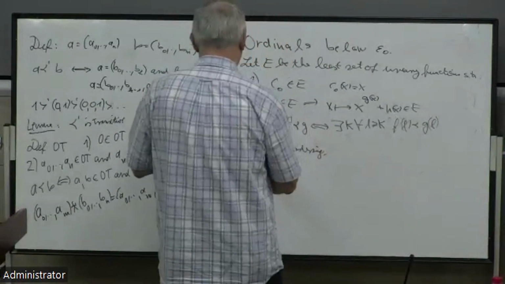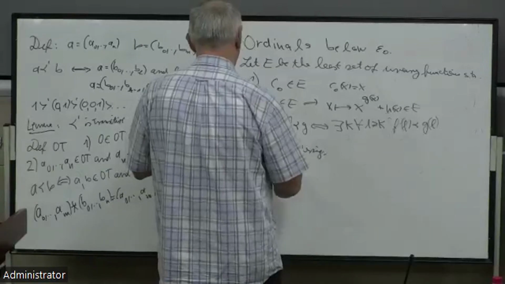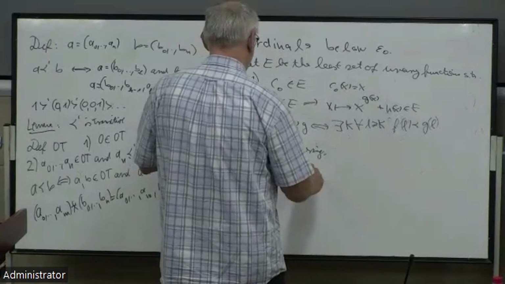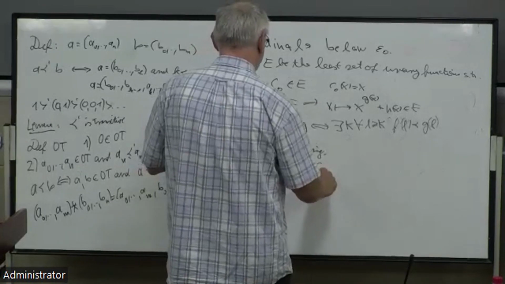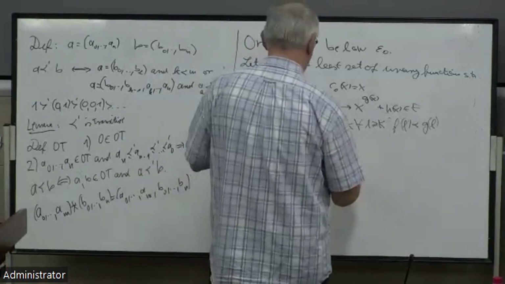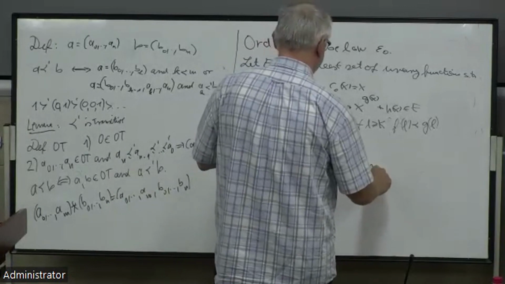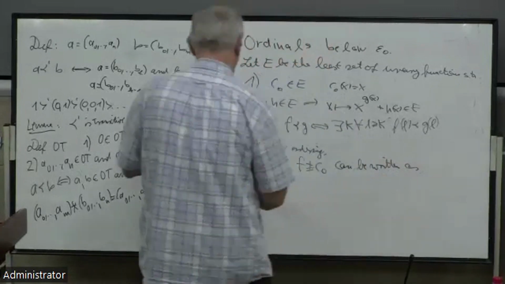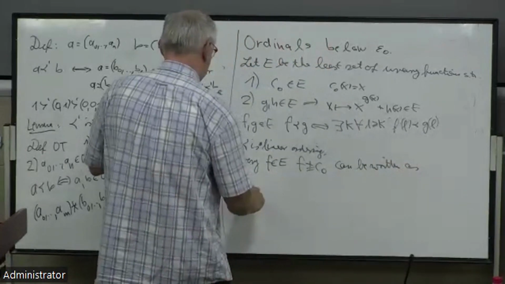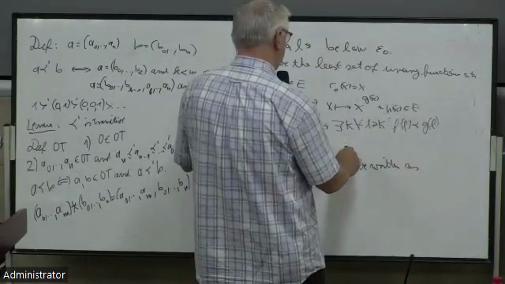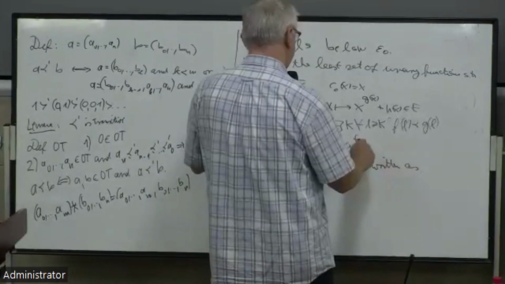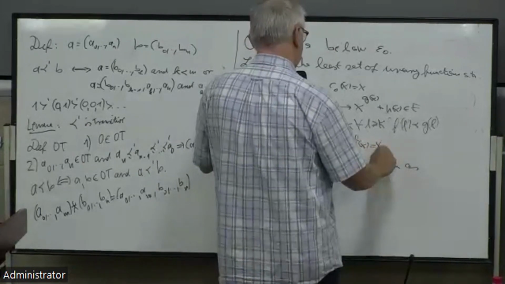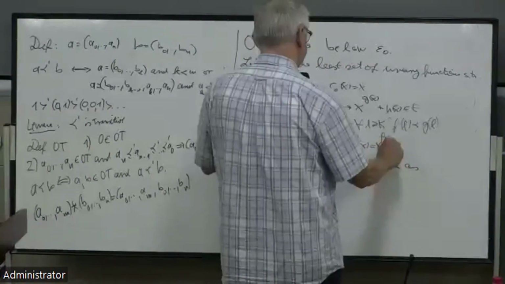So every F in E, F is different from the 0 term, every F can be written as, well, some notation. So omega to the F defines the function x to the f of x.